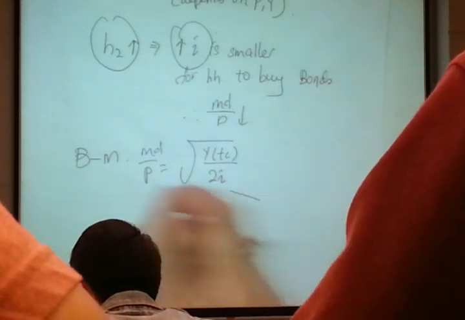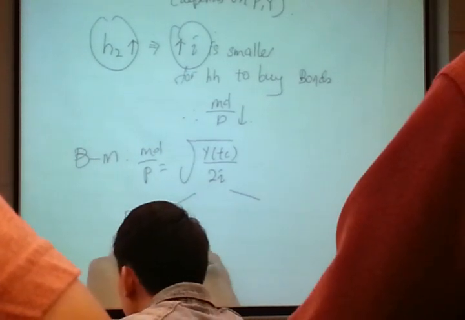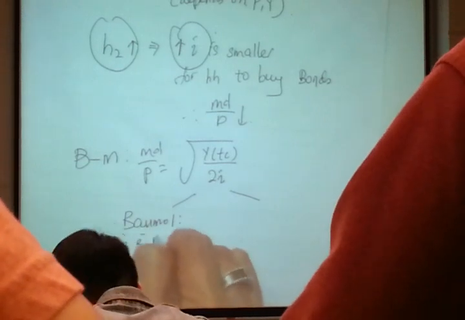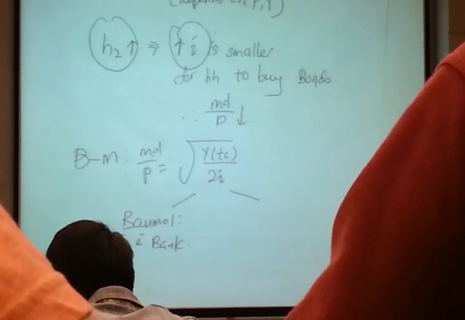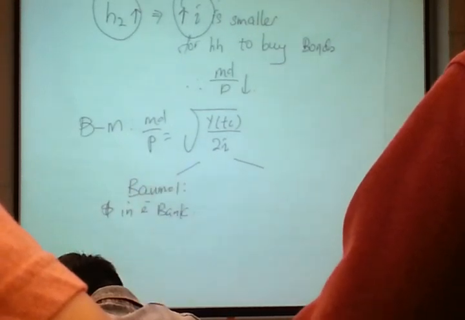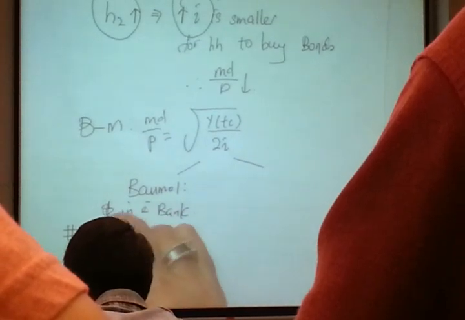So you split into two. Baumol says you use this equation because we are looking at money in the bank. You're looking at putting money in the bank. So that will affect your money demand. So the examiner's favorite question is always about online banking.